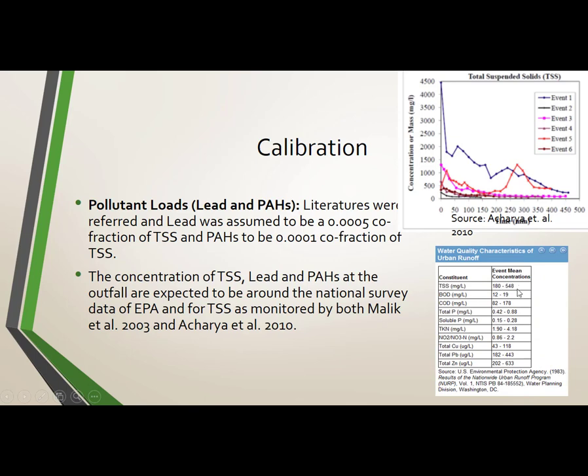The TSS has to be within 180 to 548, and from the literature we found that for arid climate the TSS is usually higher than the national average, and for lead it has to be around 182 to 443 micrograms per liter, which is 0.1 to 0.4 milligrams per liter.